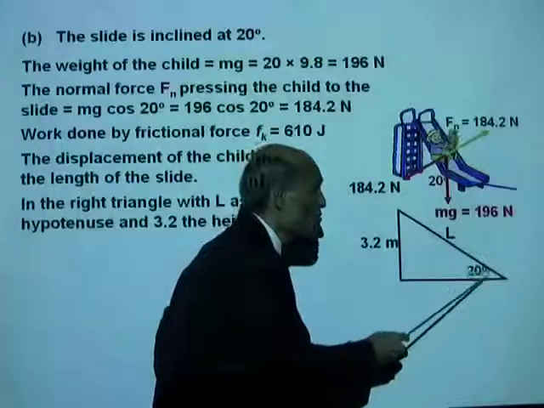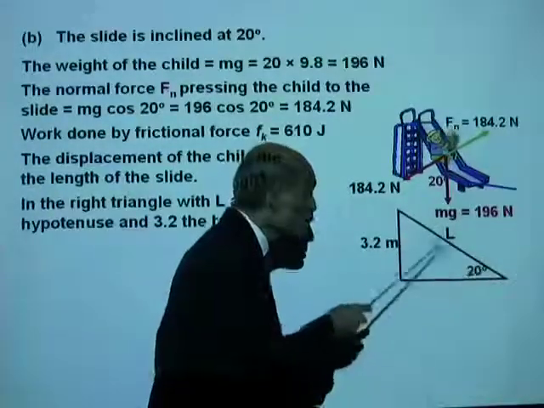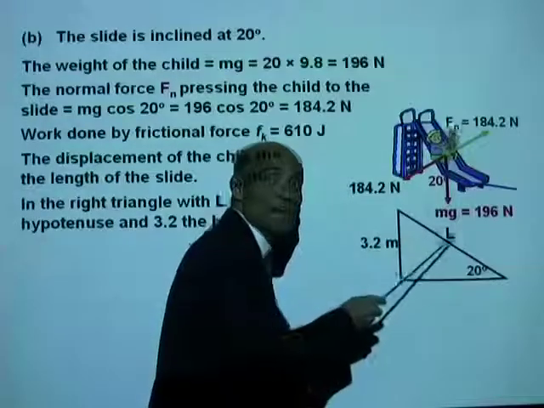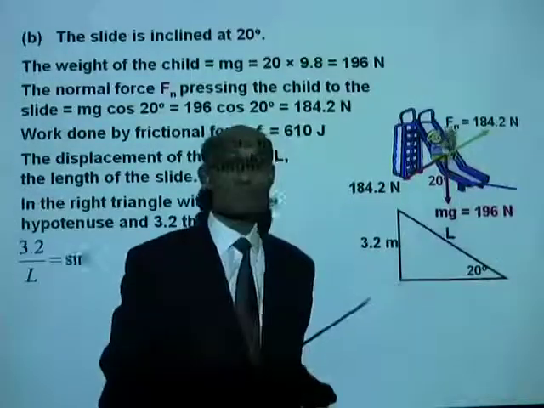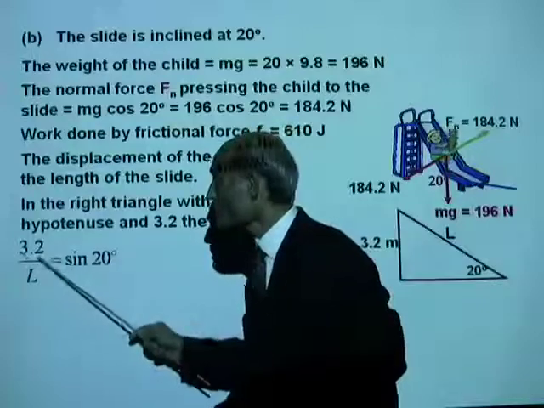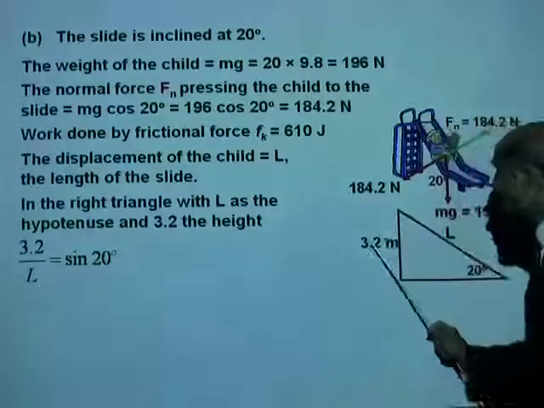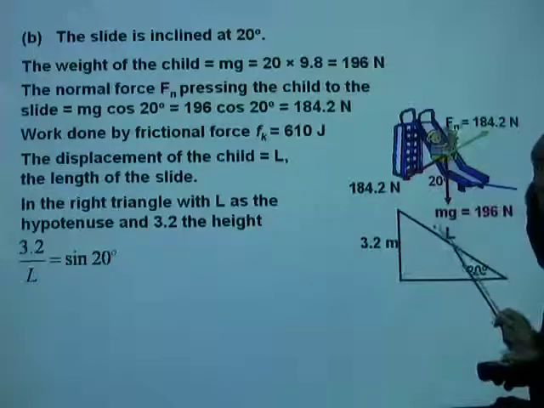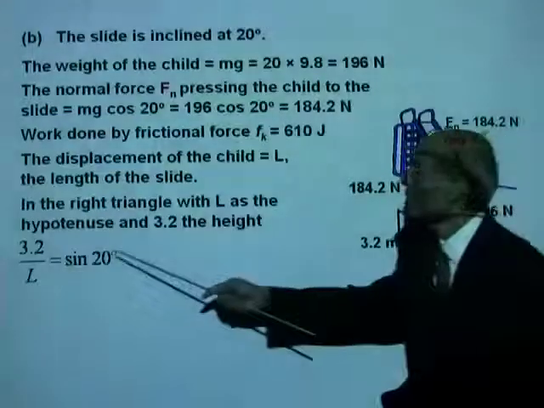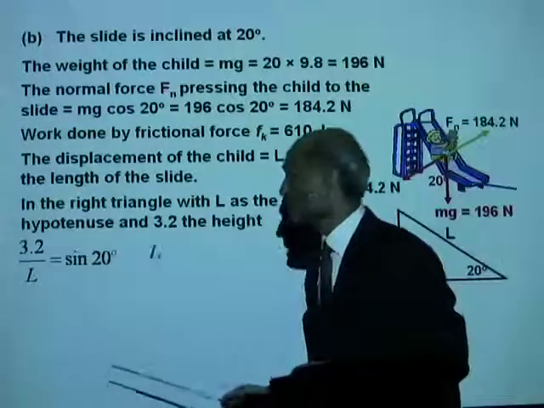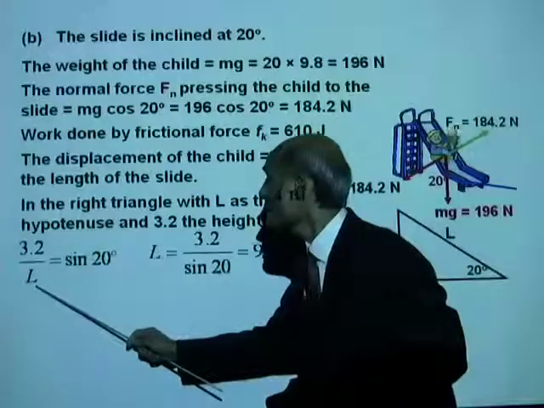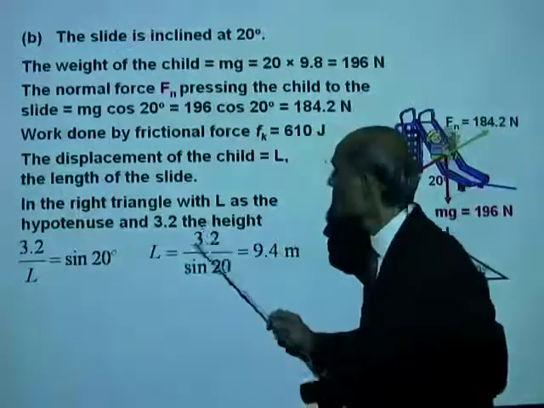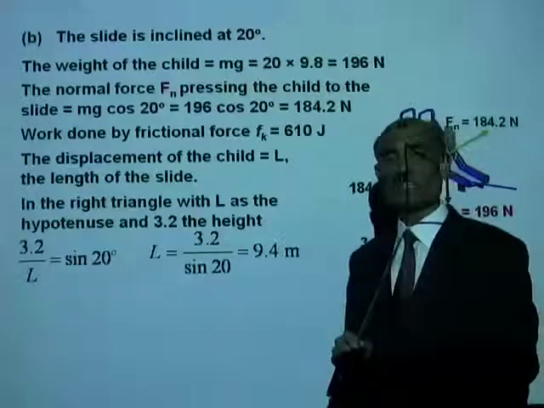Therefore, sine of 20 degrees is opposite side divided by the hypotenuse, 3.2 divided by L. Therefore, L equals 3.2 divided by sine 20.